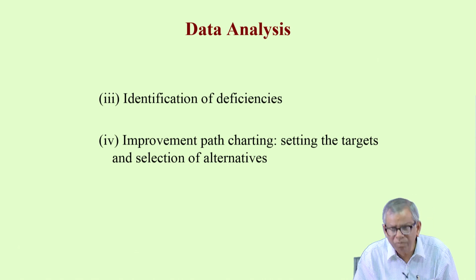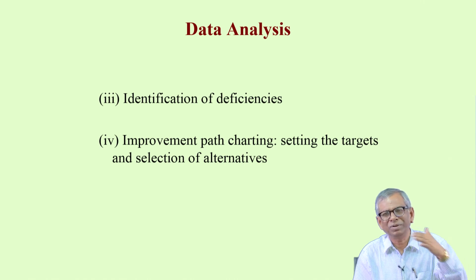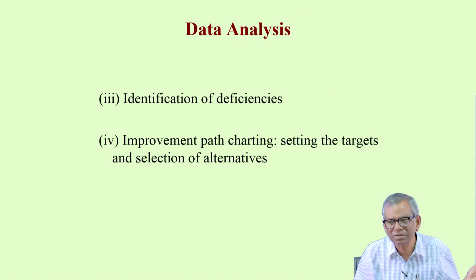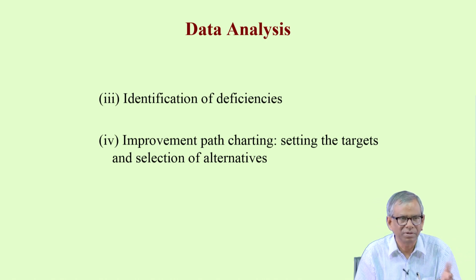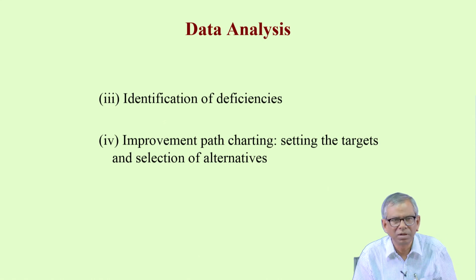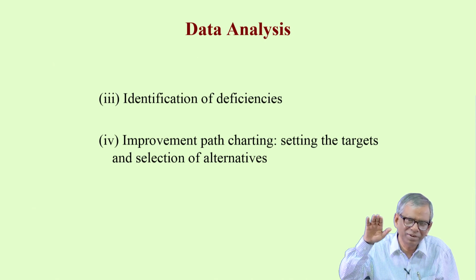So in improvement path charting, what you try to do is continuous improvement, not R&D. We believe in the concept of continuous improvement, which the Japanese popularized under the name Kaizen. You have heard this term Kaizen, no? With Kaizen also, in a systematic manner you can proceed and ultimately reach the top.